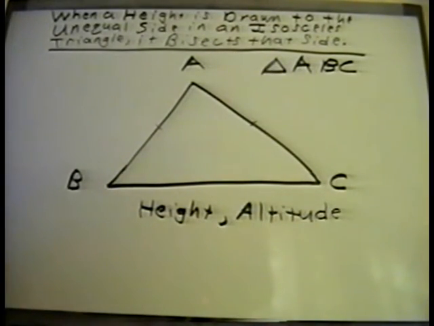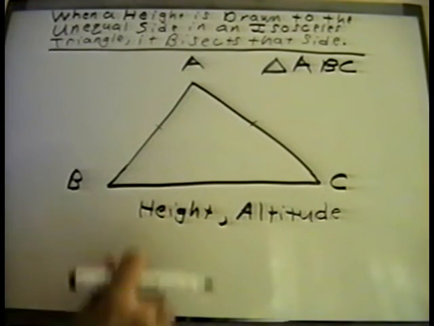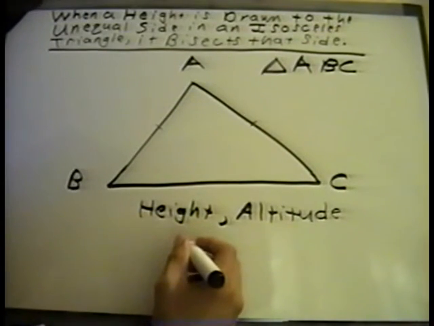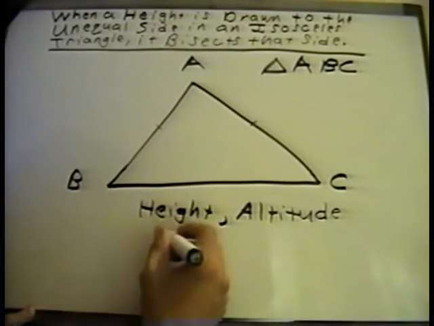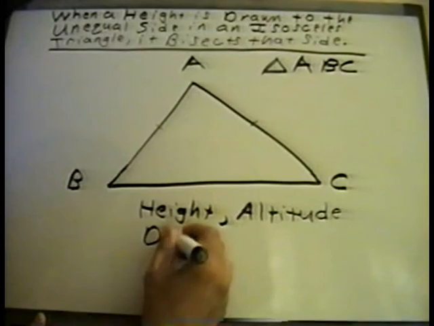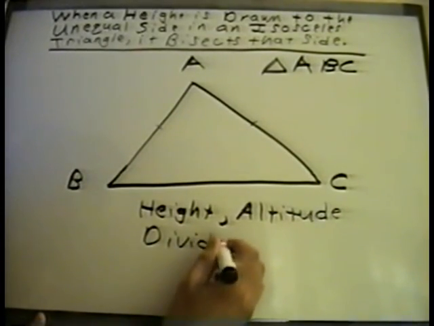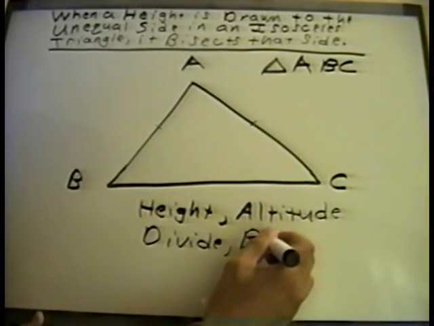Okay, so there's a difference between height and altitude of triangles, before we get into talking about more oblique triangles. Altitude is different than height, and the word divide does not mean the same as bisect.